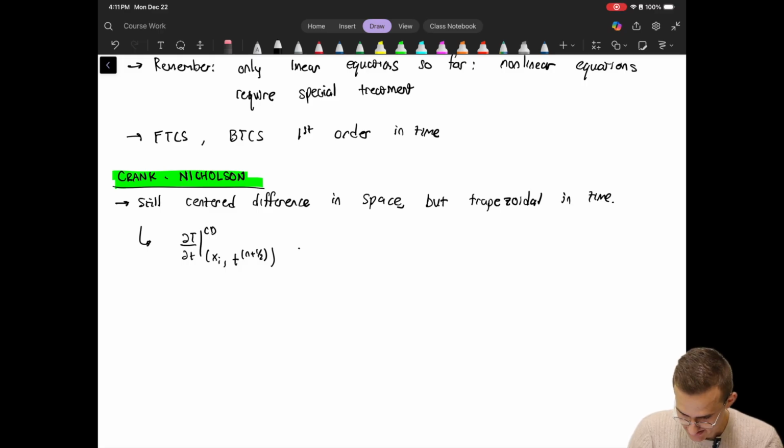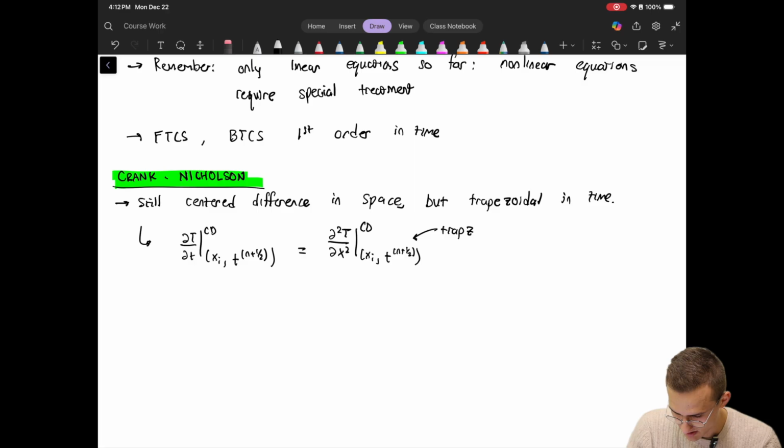And then on the right hand side, we're also using center difference for the second derivative of the spatial operator, but we're still doing this at n plus 1/2. We'll just call it trapezoidal method labeling. You'll see how it works out when I actually write out these terms.